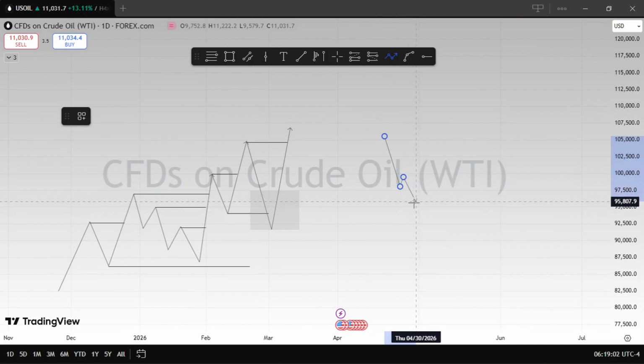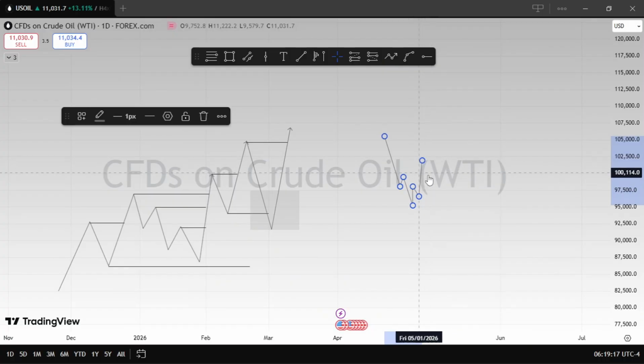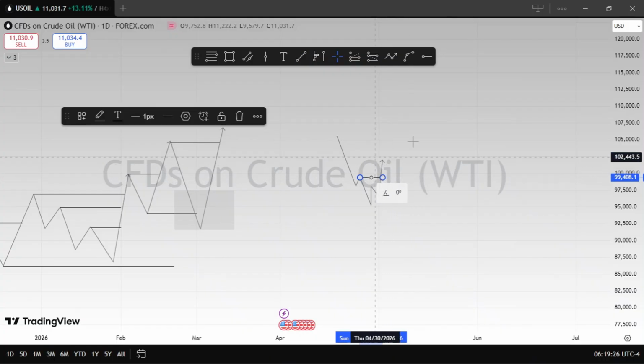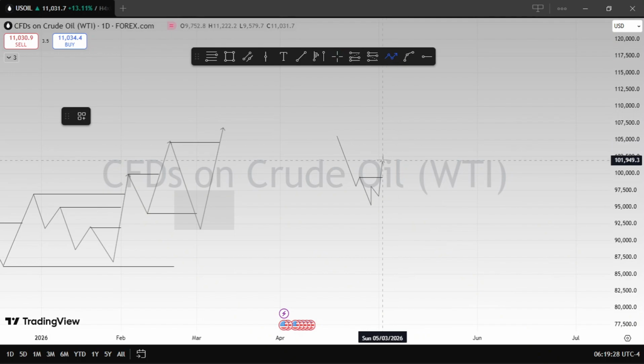This leg takes out the previous inducement leg, then forms a minor inducement, and then breaks structure to the upside. When price does that, a change of character, I'm going to wait for price to tag or come back to this minor inducement.